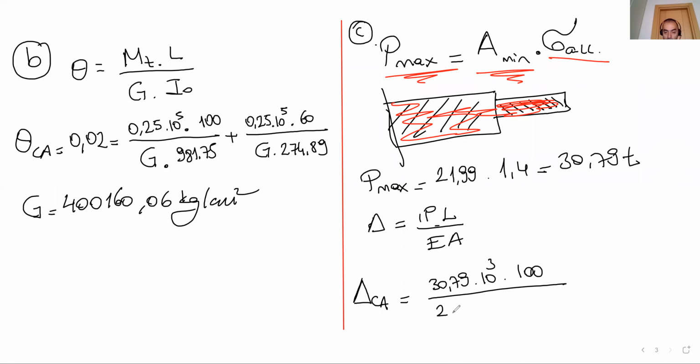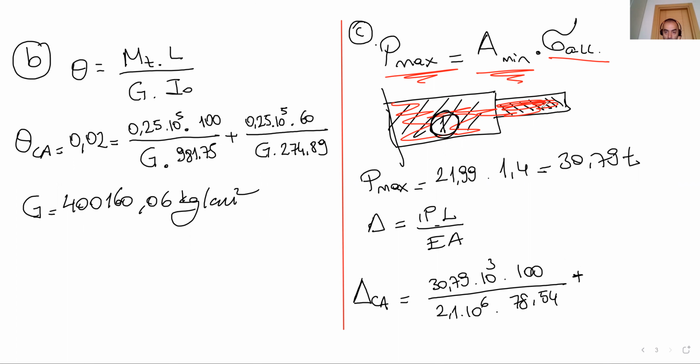E is E given in the question. And A, the area here, this one. Plus, this is portion 1.